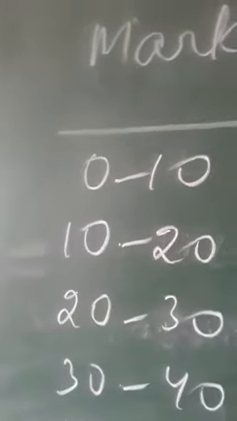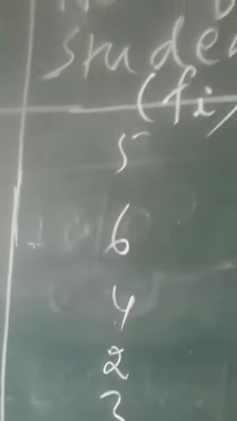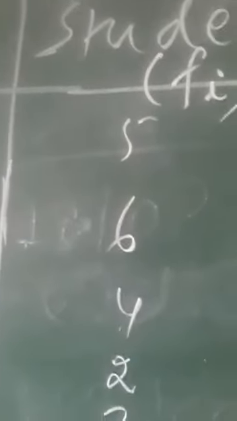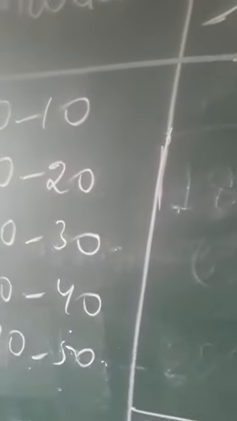So for each group we have its corresponding frequency. Now, it was given in our question, and then we have to find out the value of (a plus b) by 2, that is xi.